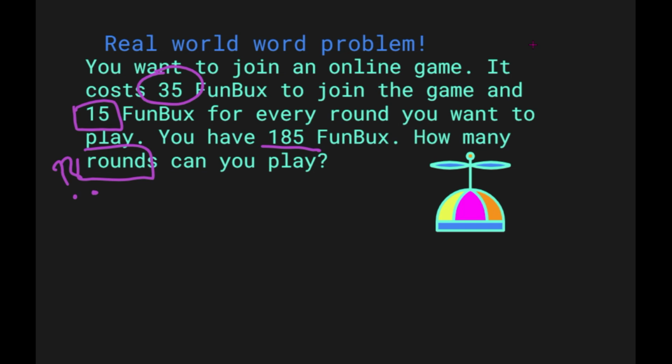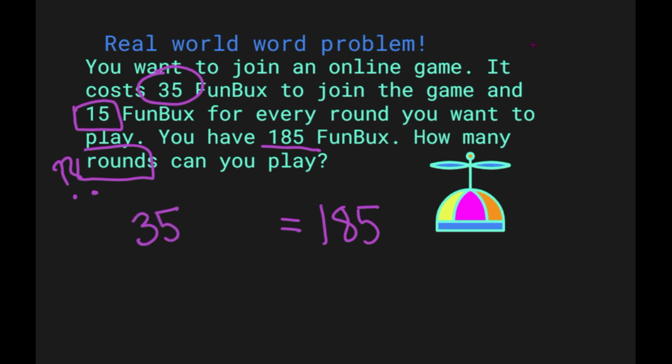Well, you guys are quite capable of figuring this out in your own special way, but let's see if we can use algebra and set up a two-step equation. We have 185 fun bucks. So all the little crazy calculations I have to do are going to come out to equal 185. My one-time fee is 35.